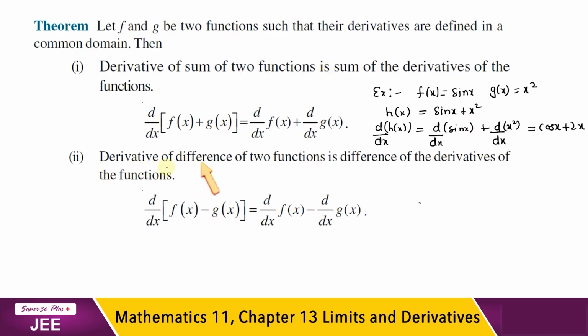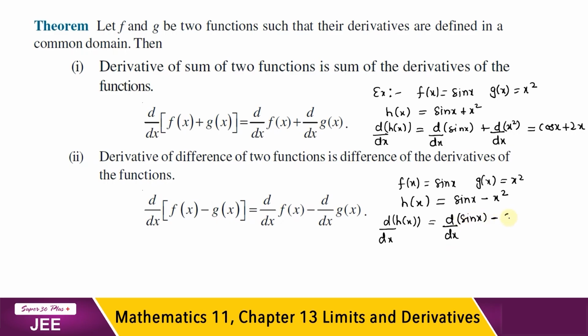Second statement says derivative of difference of two functions is difference of derivatives of two functions. So again let me illustrate by the same example. If we have f(x) as sin x and g(x) as x square, and now if I introduce a function h(x) which is difference of given two functions, so derivative of h(x) with respect to x can be written as derivative of sin x minus derivative of x square, because h(x) is equal to sin x minus x square.